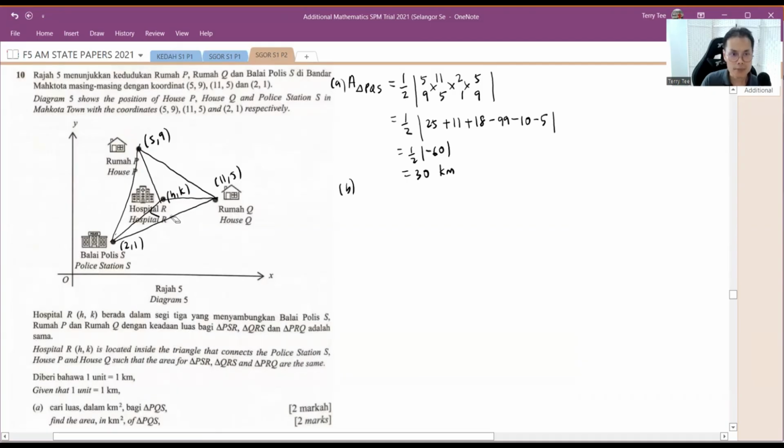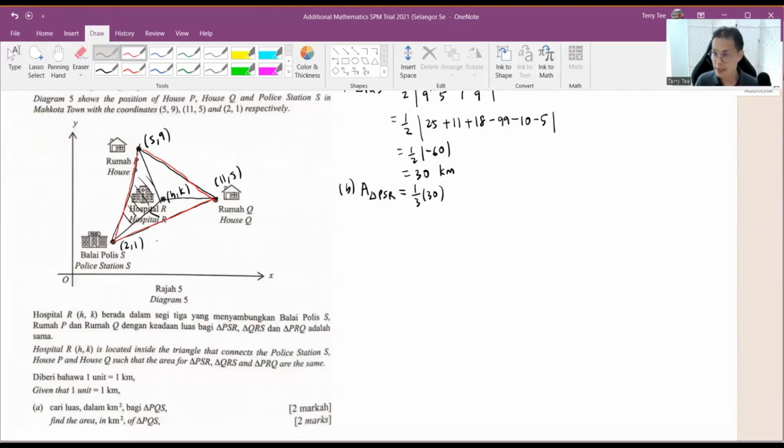Involving H and K. So we know that because all three areas are equal, maybe I start with PSR. The area of triangle PSR should be 1/3 of 30, because the whole PSQ, the whole big triangle here, is 30. If all three triangles have the same area, that means each one must be 10, right?